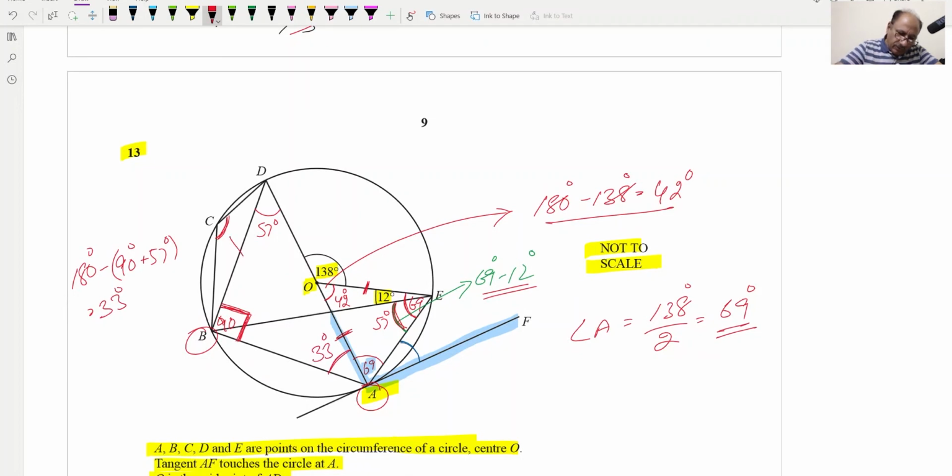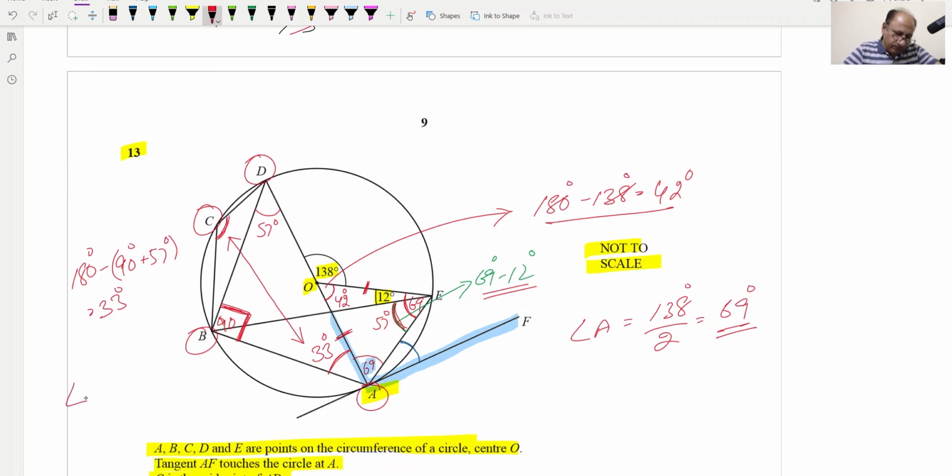Now we can apply the cyclic quadrilateral property, because A, B, C and D are vertices of a quadrilateral, all four of which are on the circumference of the circle. So this is a cyclic quadrilateral. So 33 and angle BCD should add up to 180 degrees.